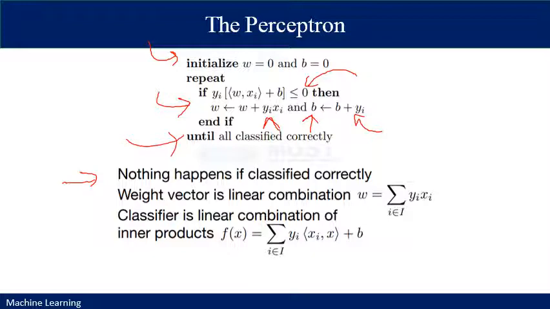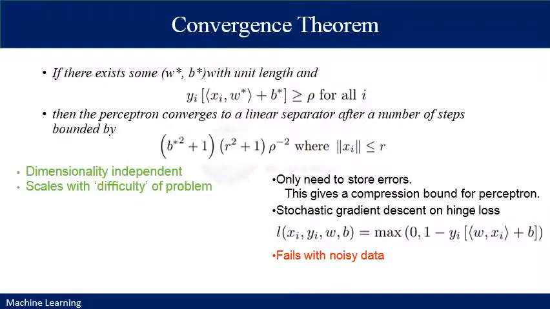So the weight vector is a linear combination of weights, and the classifier is a linear combination of inner products, y(x) = sum of alpha_i y_i f(x_i)·x + b.